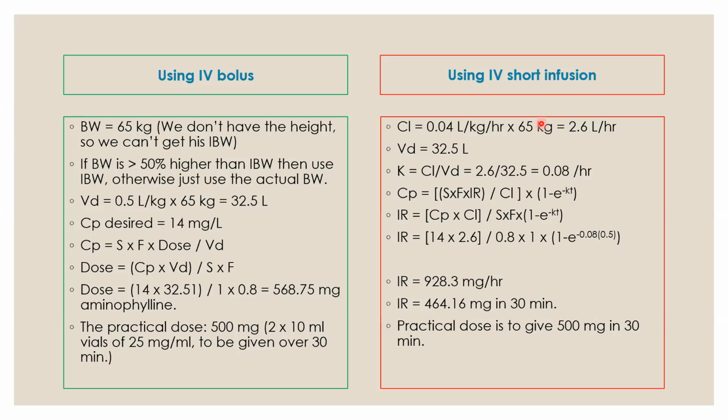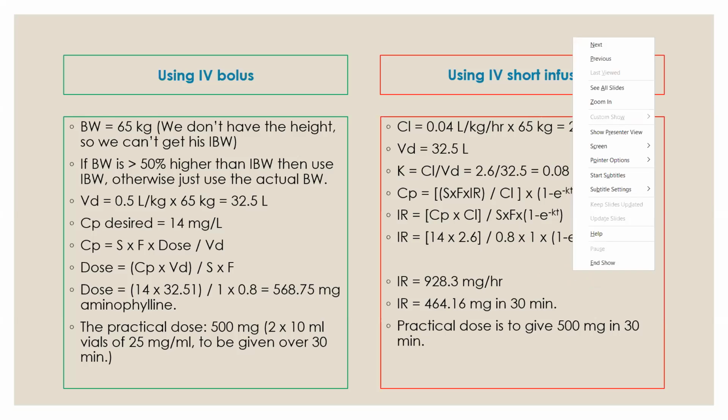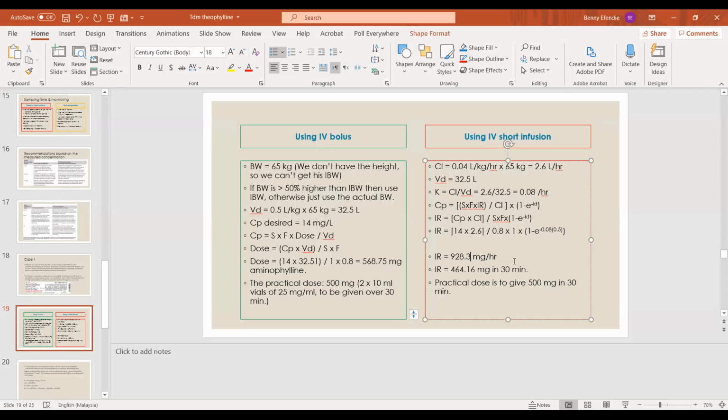Oh, this one is wrong. That's why I was hesitating about this one. I think this one is wrong because it is supposed to be higher. My calculation is 1,160.40 milligram per hour.